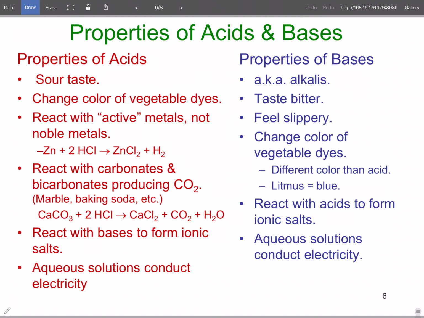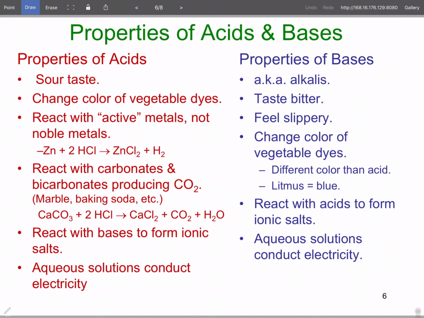Some properties of acids and bases. Acids tend to be sour, lemon juice. Bases tend to be bitter, soap. Don't go lick soap. But some of you may have encountered soap. If you wash your hands and don't rinse well, you may taste soap. That's the bitter. Bases tend to be really slippery. Laundry soap is really slippery, as opposed to like vinegar or whatever.